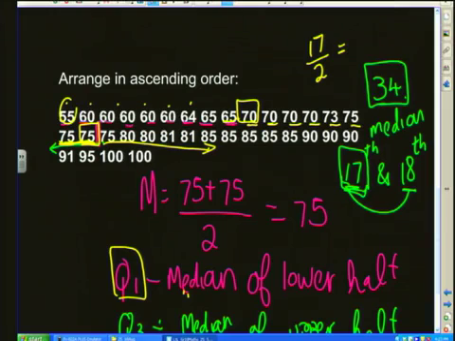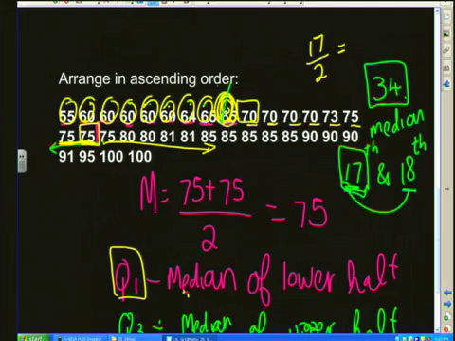So let's count again. We've got 1, 2, 3, 4, 5, 6, 7, 8, 9. All right. And let's look at the number of values below the 65 and then the number of values above that 65. Here I've got 1, 2, 3, 4, 5, 6, 7, 8 values.